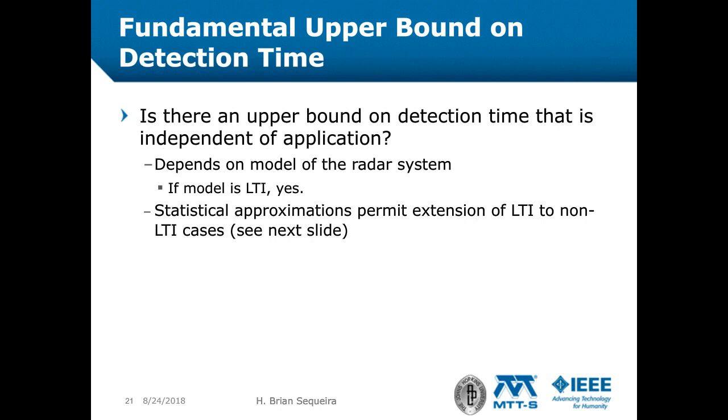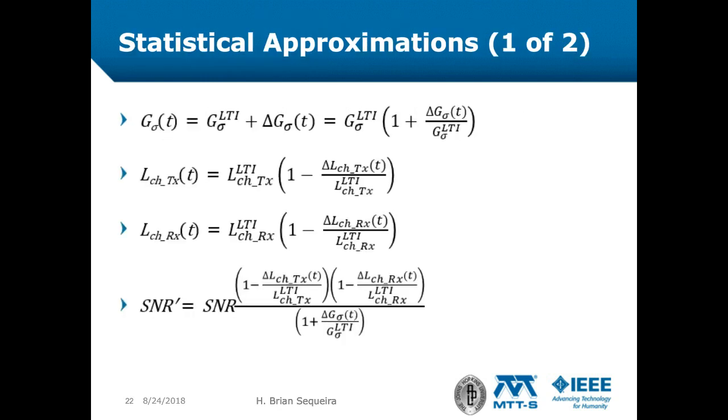If the radar is modeled as a time-varying system, the upper bound is no longer limited by fluctuations owing to weather and target. In this case, system analysis is limited by the fidelity of the model. We recognize from the slide titled Signal-to-Noise Ratio that for an LTI system, all of the time-varying factors reside in the SNR and in E sub tx divided by E sub n.